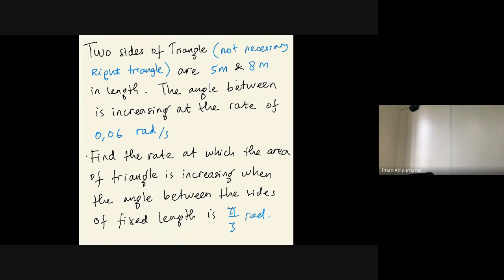So you need to find the rate at which the area of the triangle is increasing. It's asking for the relation of the two sides with the area of the triangle. When you have two sides and the angle is increasing, the area is also increasing, right? The question is asking what the rate of change of that area is.